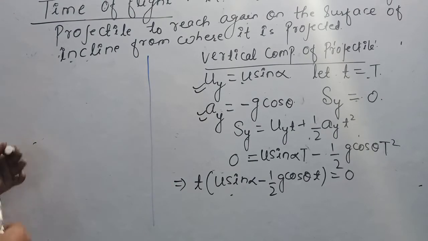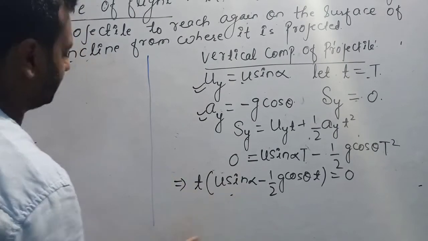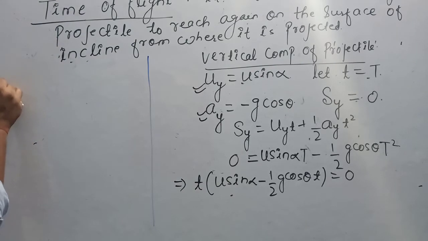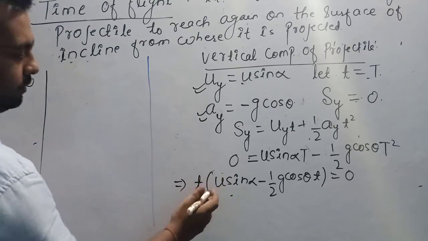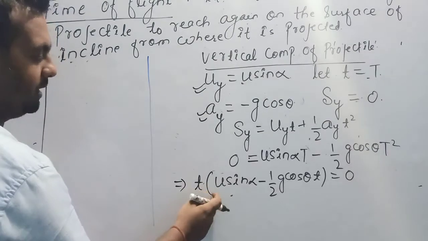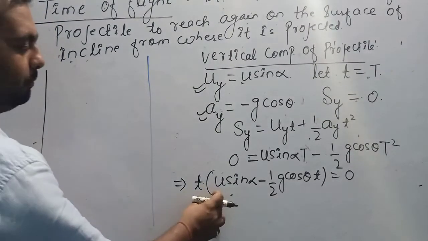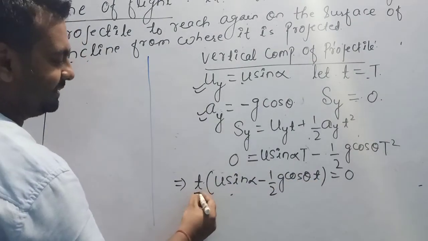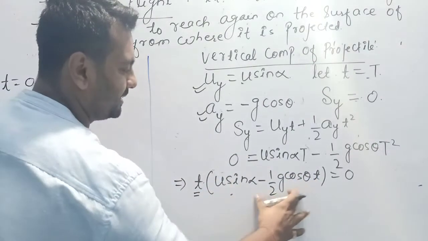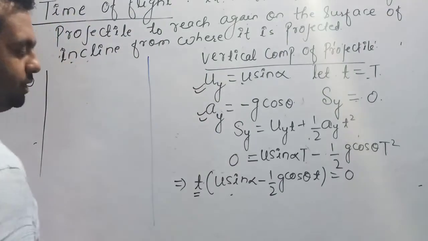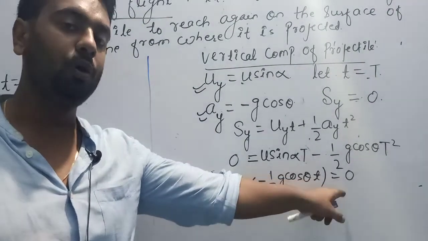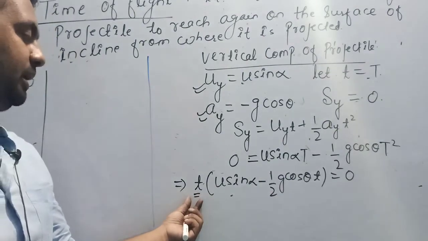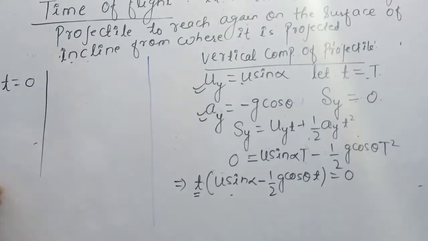So from this equation, we can write that either time is equal to 0 or, these two are in multiplication. If the product of two terms is equal to 0, then either this term will be 0 or this term will be 0.